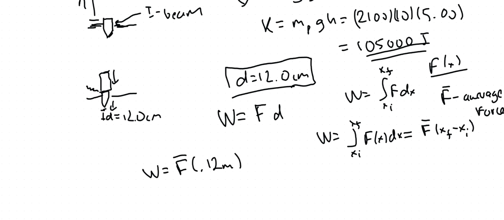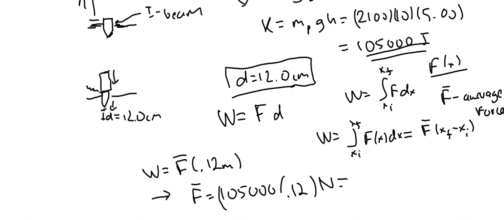Okay, so from here, since we already calculated the work, we see that the average force is 105,000 divided by 0.12, and since this is in meters, this is in joules, it's going to be that many newtons. Okay, and I have to actually use my calculator to give you an exact number, which I will do shortly.